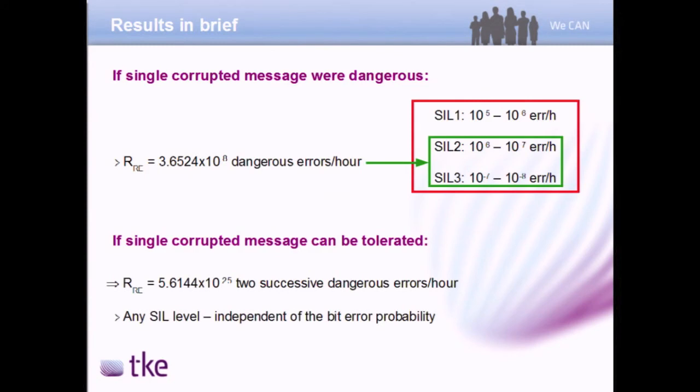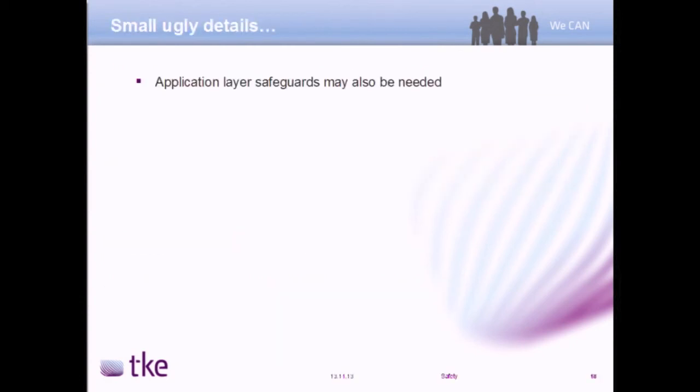Our statement based on this computation is that even standard CANopen communication is actually not the limiting thing by means of functional safety. Of course, in certain conditions, if we have very hard requirements, some application safeguards may be required.